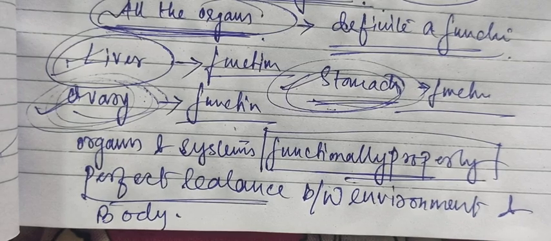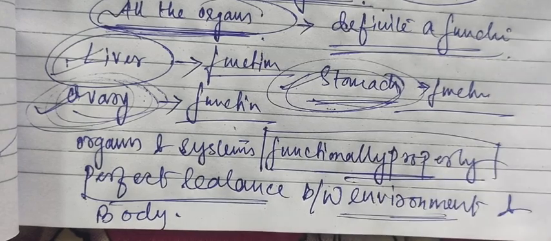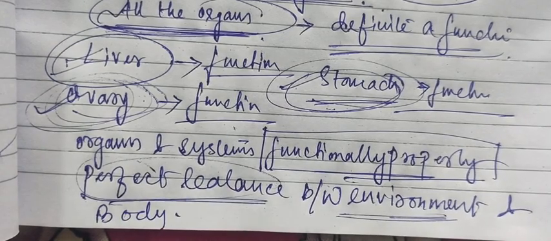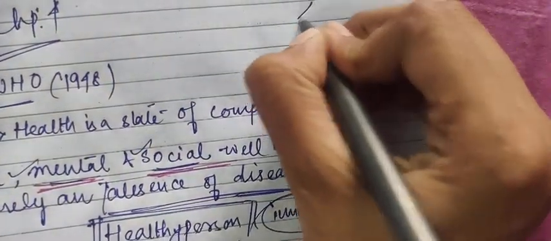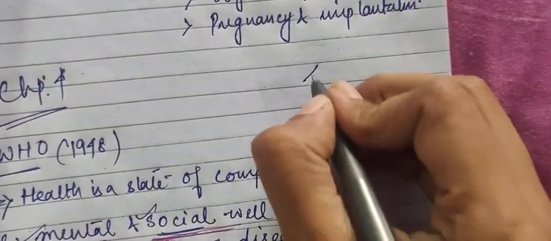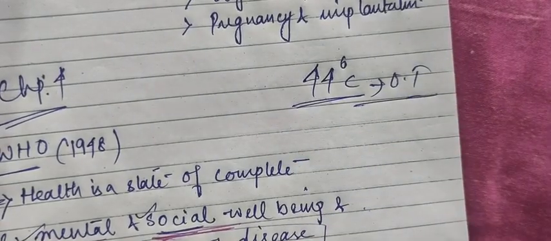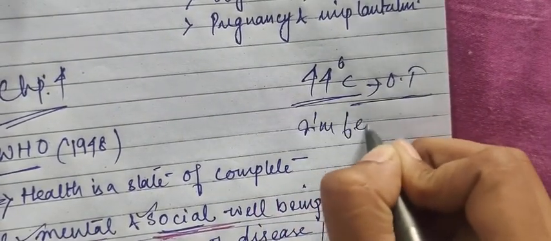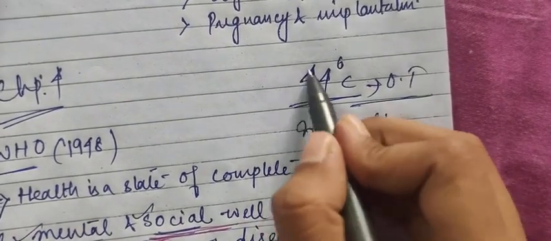But suppose the outside temperature is 44 degrees centigrade, and I am feeling cold inside. Is there a perfect balance between environment and body? No. I am repeating again: the outside temperature is 44 degrees centigrade, but I am feeling cold. So is it normal?